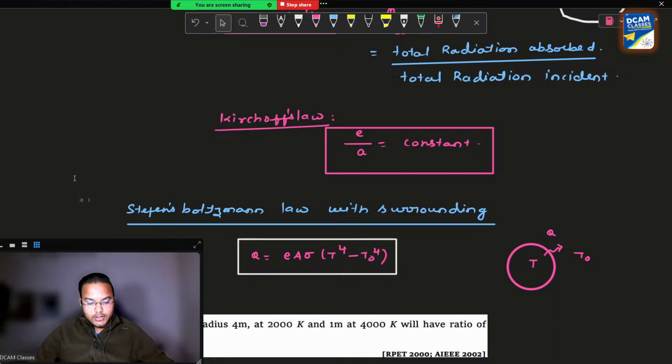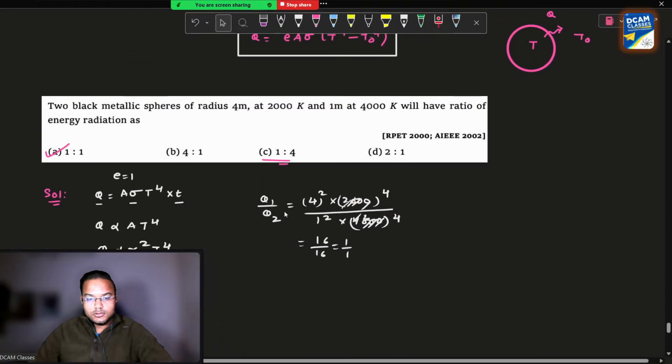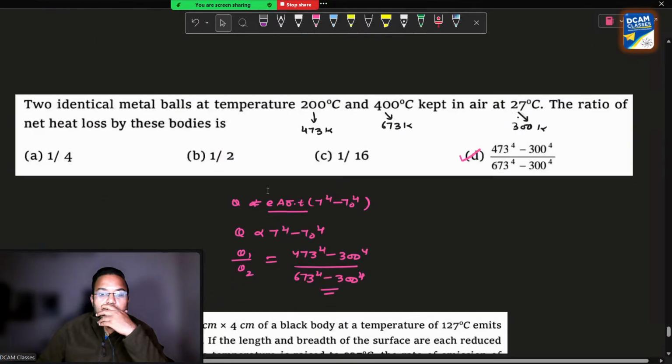Now see, now what I'll teach you, na? Newton's law of cooling is also there. That also needs to be taught, that also needs to be studied.